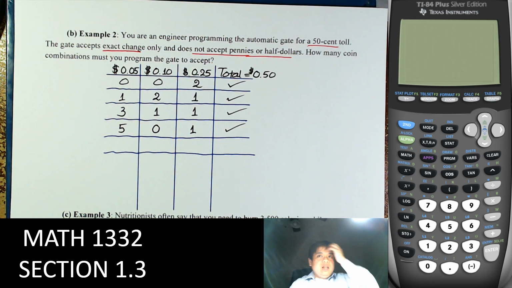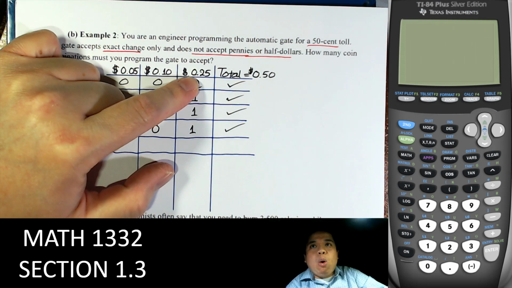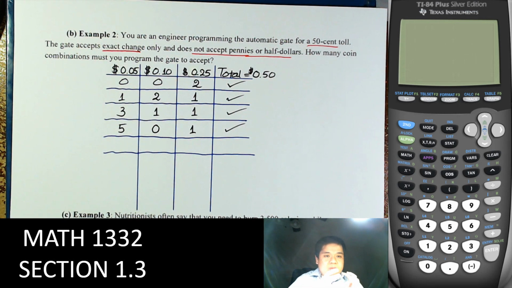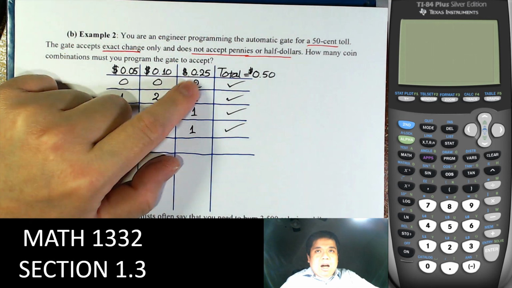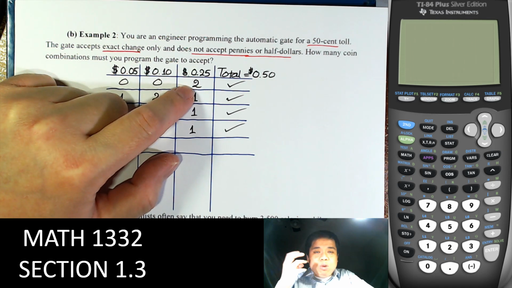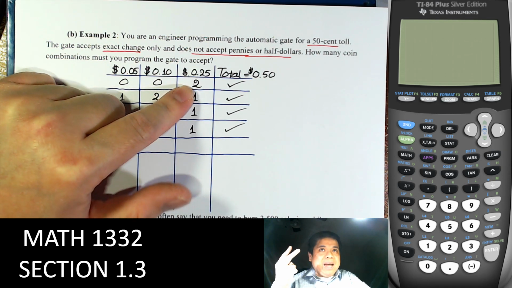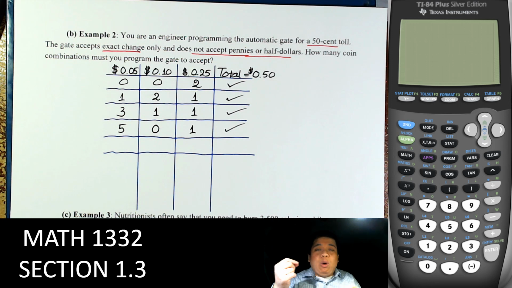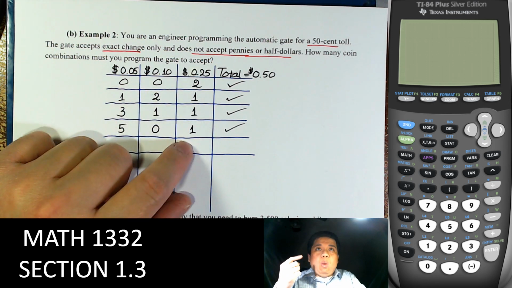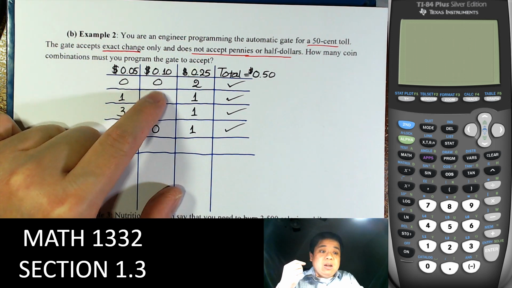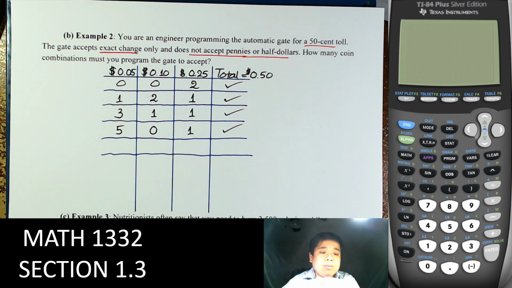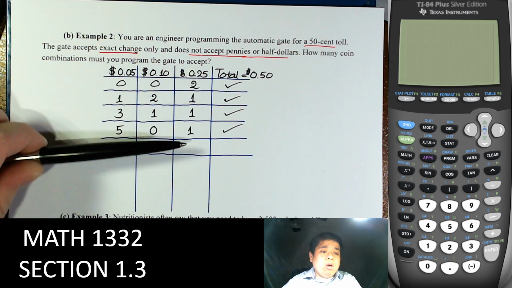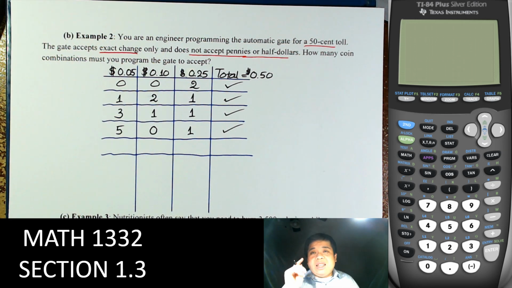So the idea here is we start with the biggest value coin. We can have a maximum of 2, right? Now, what if we don't have 2? We only have 1. What other scenarios do we have? And those scenarios are those. Now, those will be all the scenarios where we have exactly 1 quarter.